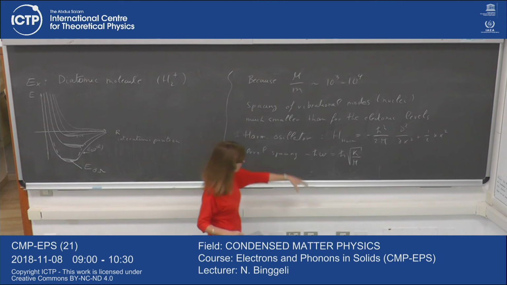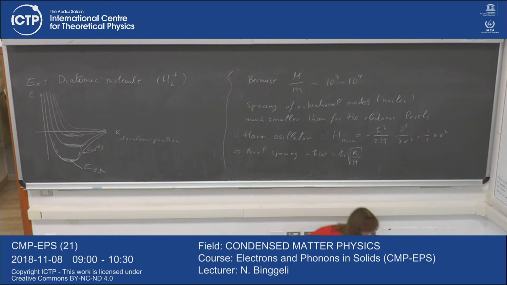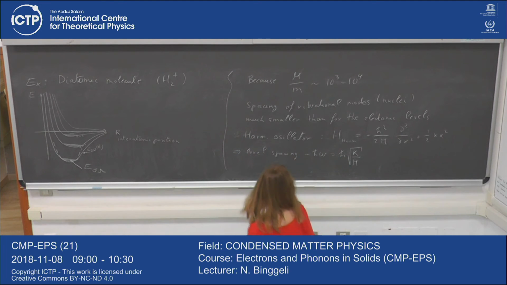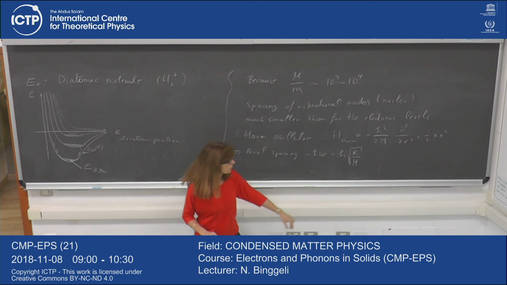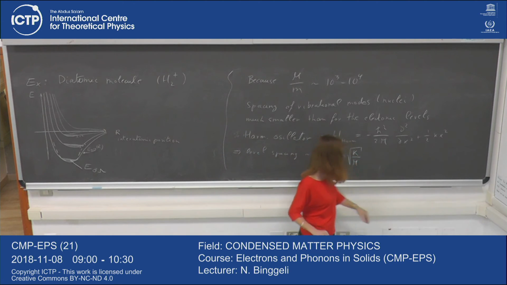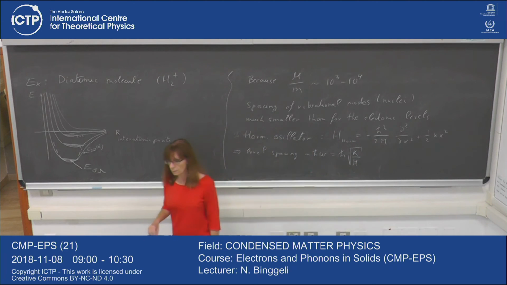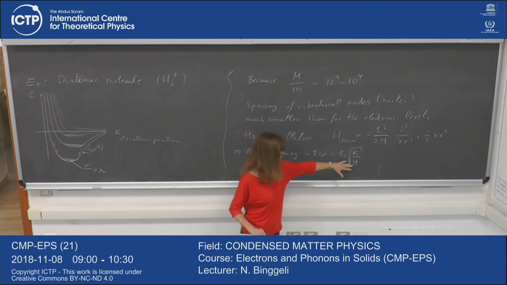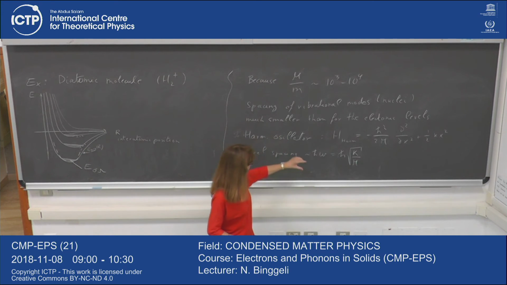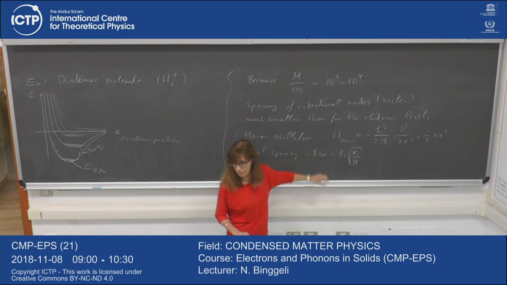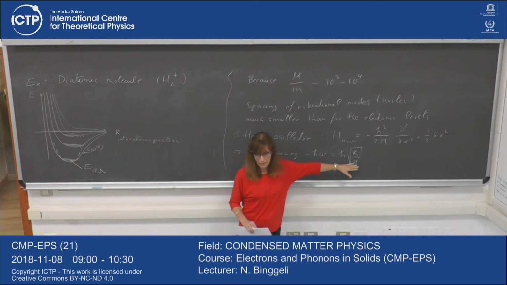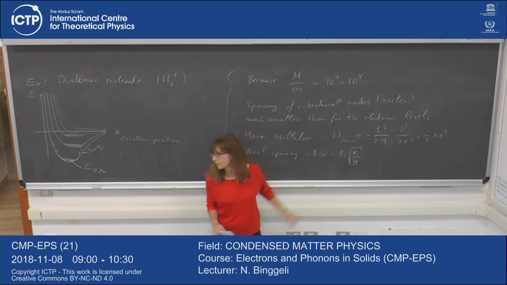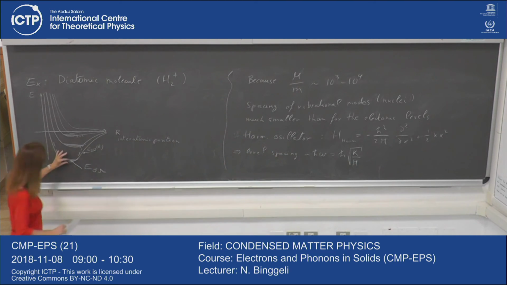In one dimension, the energy spacing h bar omega is equal to h bar times the square root of k, the spring constant, over the mass. So now it becomes very clear that the larger the mass, the smaller the spacing. For a huge mass, you will have an extremely small spacing.